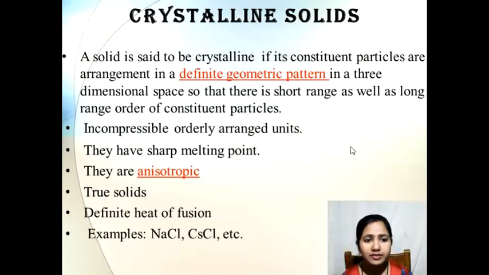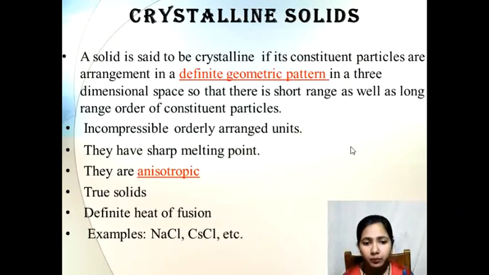So the second point is they are regularly ordered and arranged units. See, the constituent particles means the atoms, ions and the molecules. So they are arranged in a definite order throughout the crystal. And this arrangement is repeated over and over in the entire crystal.